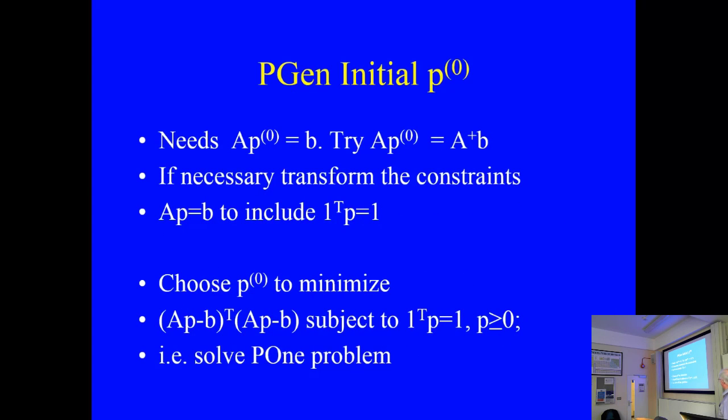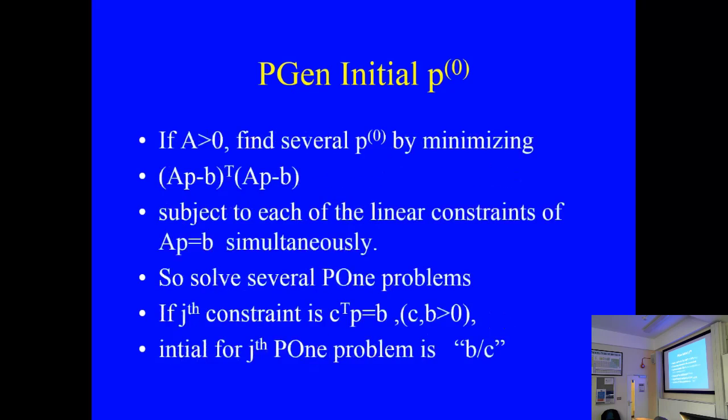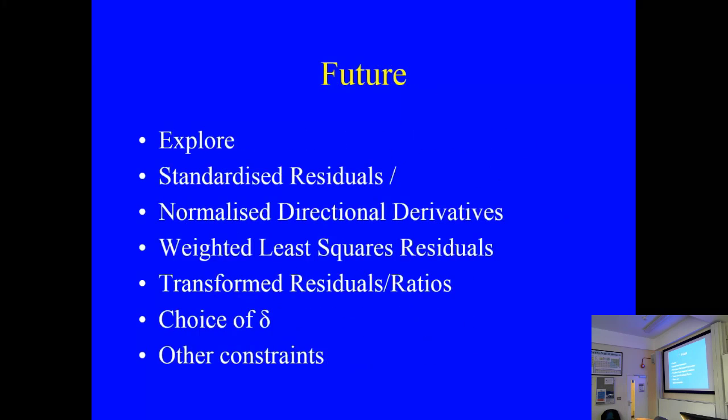If the constraints can be satisfied, if there are P that satisfy our constraints, and there should be for the problem to make sense, then the minimum value of this quadratic optimization problem should be 0. So we should be able to find a P that satisfies the constraints. But that can be helped if we impose 1 transpose P equals 1, and that's one of the constraints or one of the others. So that's the story.